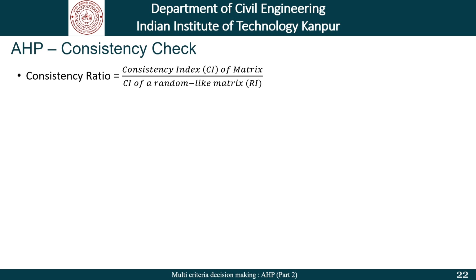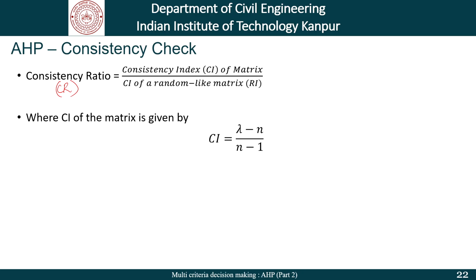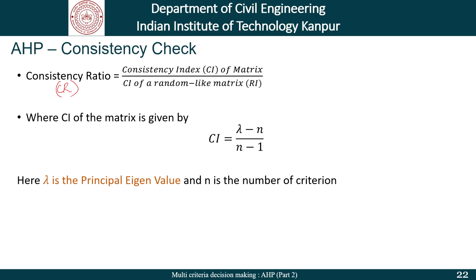Here, we try to calculate something known as the consistency ratio or CR, which is given as the consistency index of the matrix under consideration divided by the consistency index of a random-like matrix. The consistency index of the matrix under consideration is given by CI equals lambda minus n divided by n minus 1, where lambda is the principal eigenvalue of the matrix and n is the number of criteria.